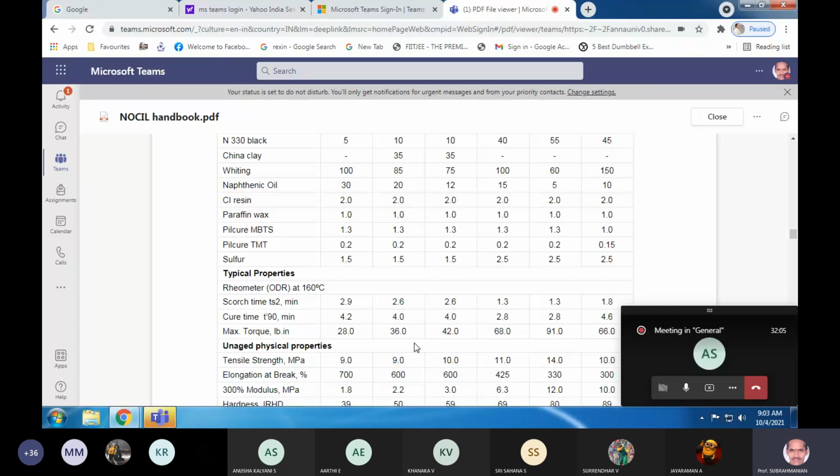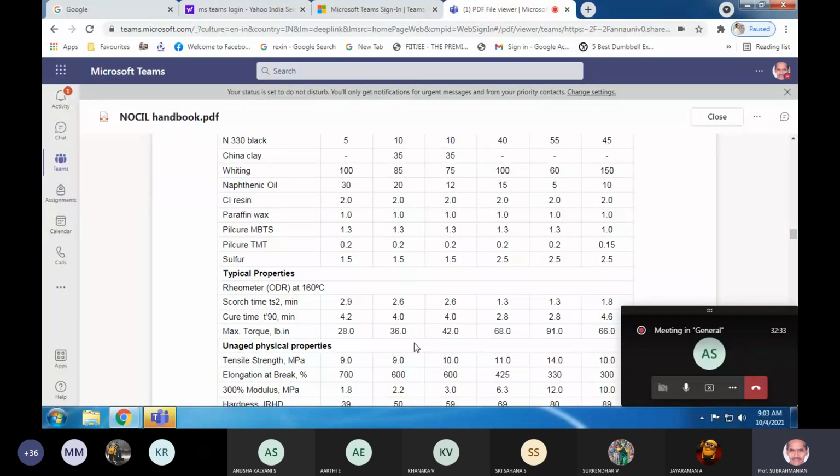Just 0.2, next only to the peptizer, right? So peptizer 0.1 we saw, and the secondary accelerator or booster 0.2, right?